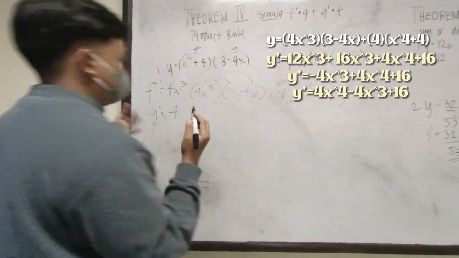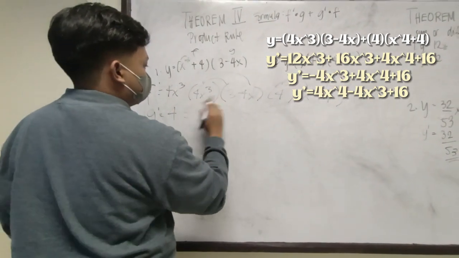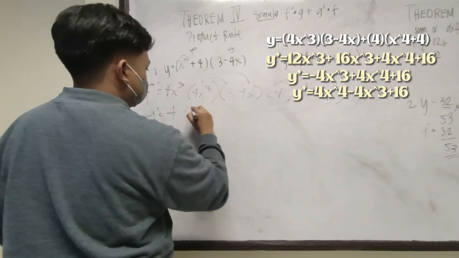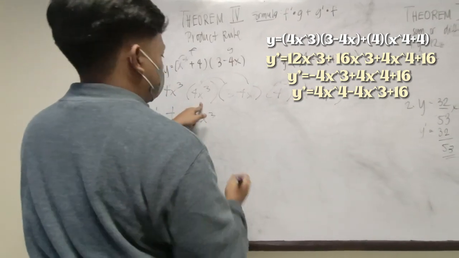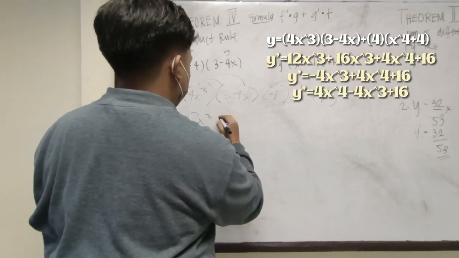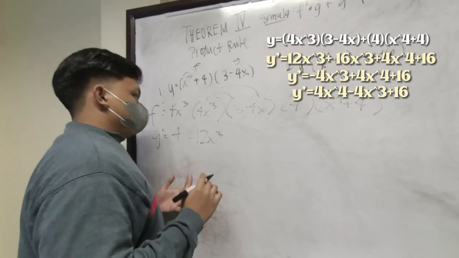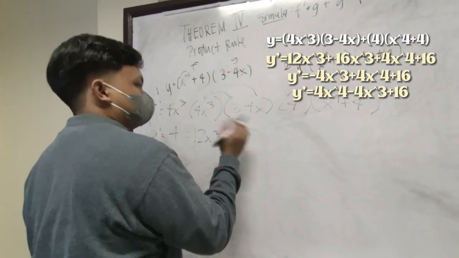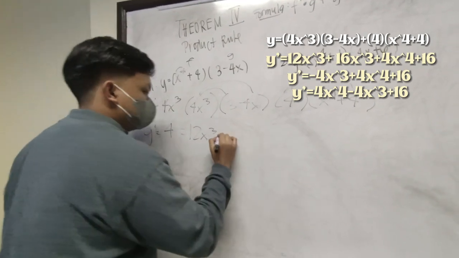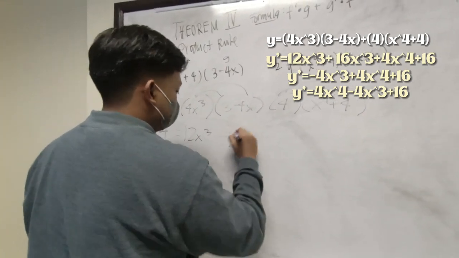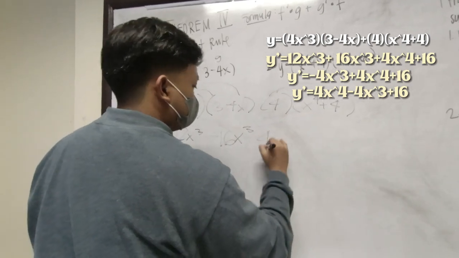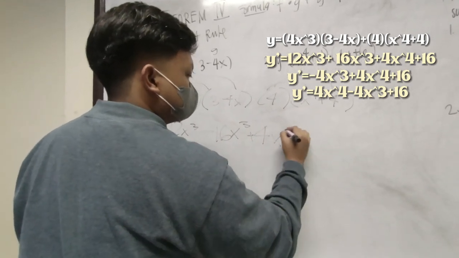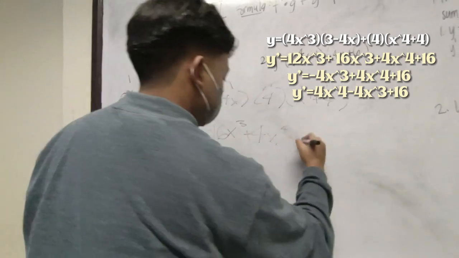Distributive property, using the distributive property, 4 times 3 is 12x cubed. 4x cubed times 4x, 12x cubed, then multiply 4x cubed times negative 4, so negative 16x cubed, then 4 times constant pa rin, 4 plus 4x. The 4th power is 16.